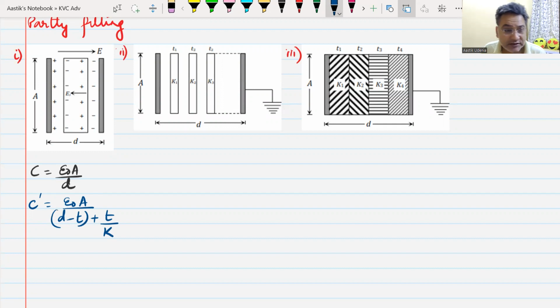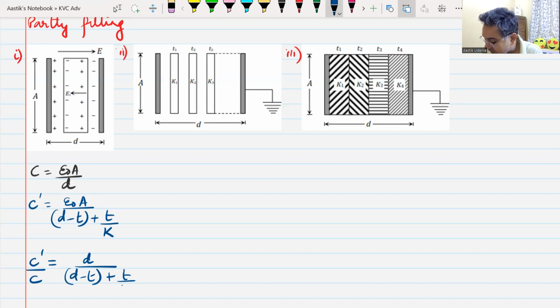From here we can understand the relation between C dash and C. You can write C dash by C will be equal to how much? It will be equal to D upon D minus T plus T by K. Do we understand what is happening here?